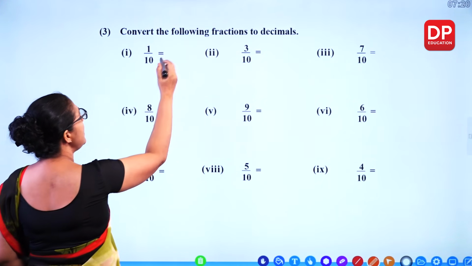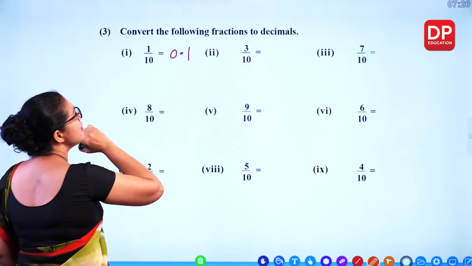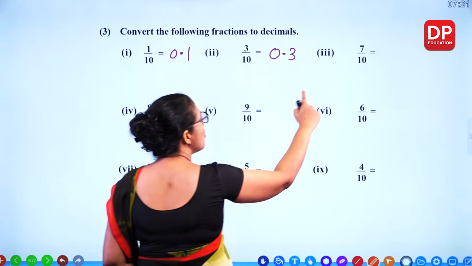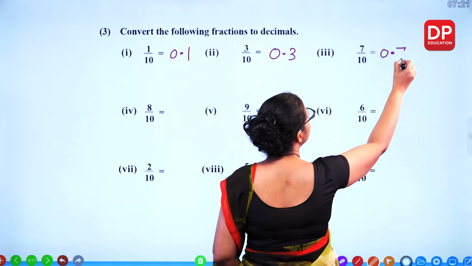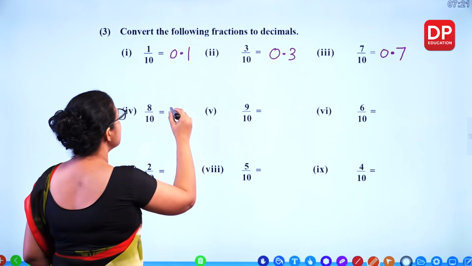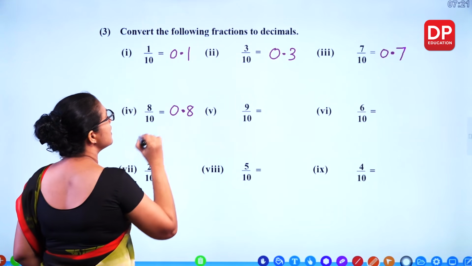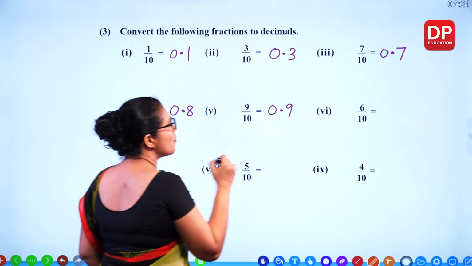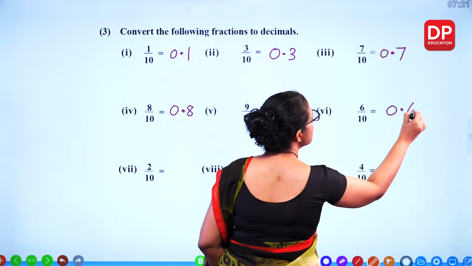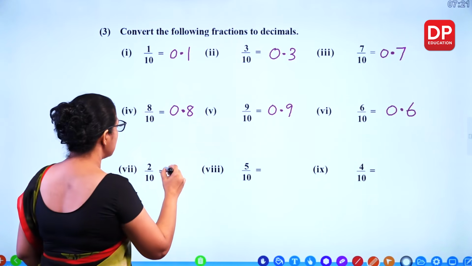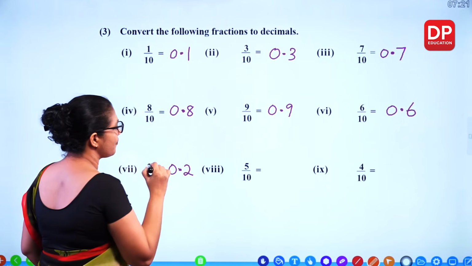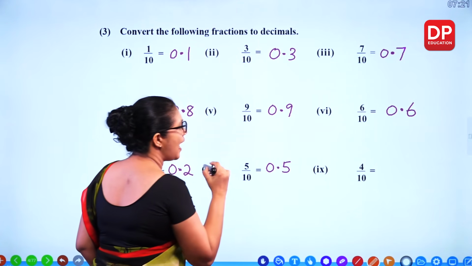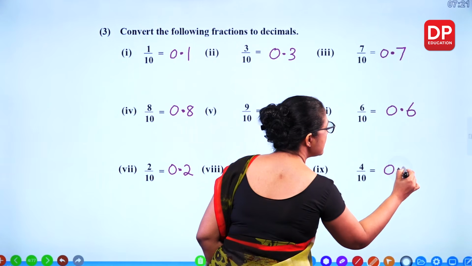So 1 over 10, you can write as 0.1. 3 over 10, 0.3. 7 over 10, 0.7. 8 over 10, 0.8. 9 over 10, 0.9. 6 over 10, 0.6. 2 over 10, 0.2. 5 over 10, you can write 0.5. And 4 over 10, 0.4.